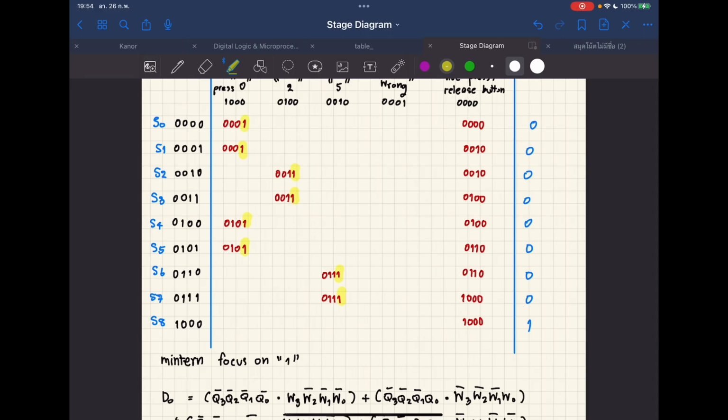And then we move to the next digit, which is this one.